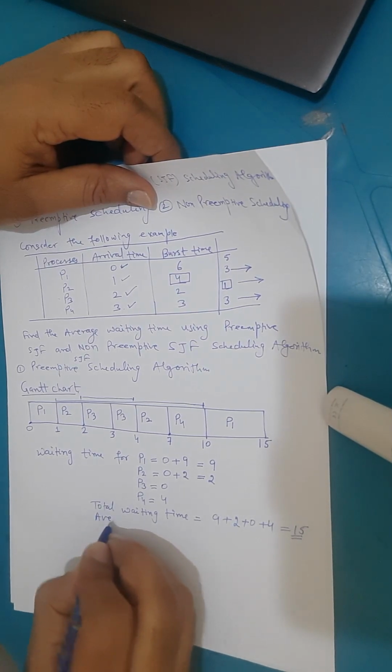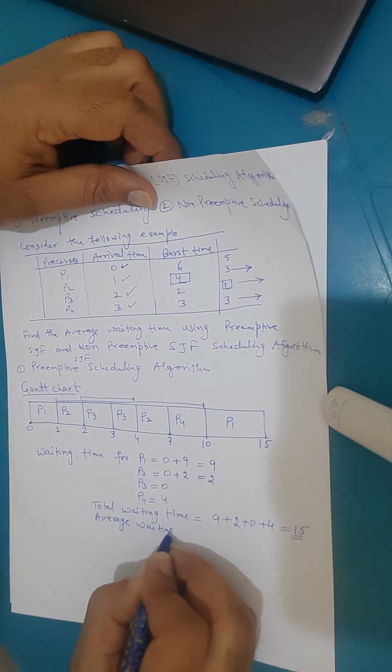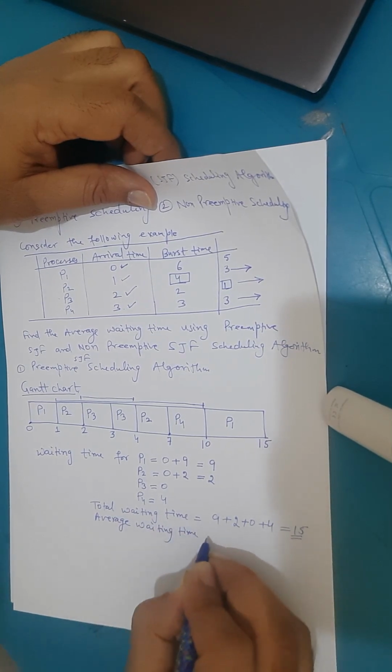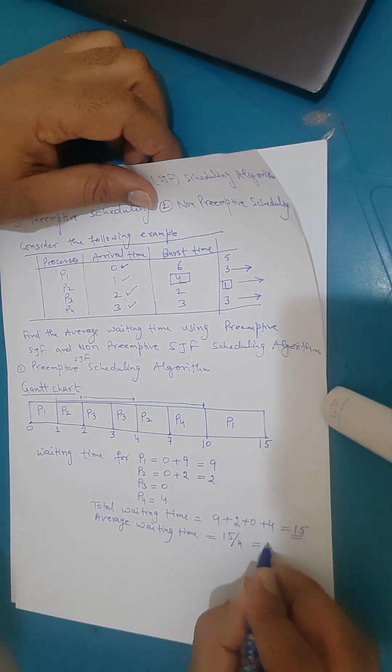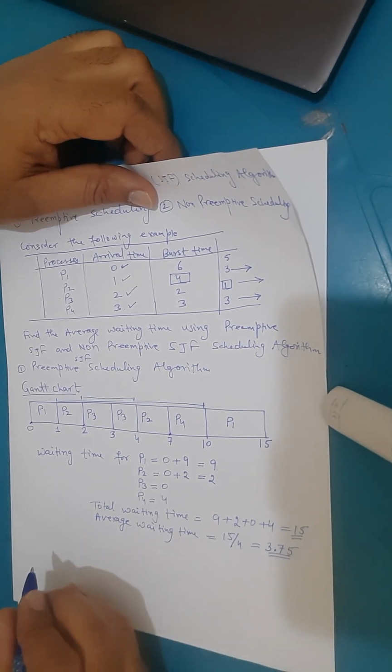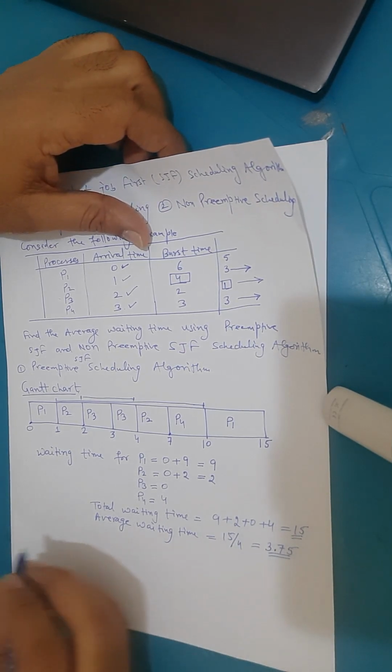Average waiting time is equal to 15 divided by 4 because there are 4 processes in the system. So 3.75, right? So this is the average waiting time in preemptive SJF scheduling algorithm.